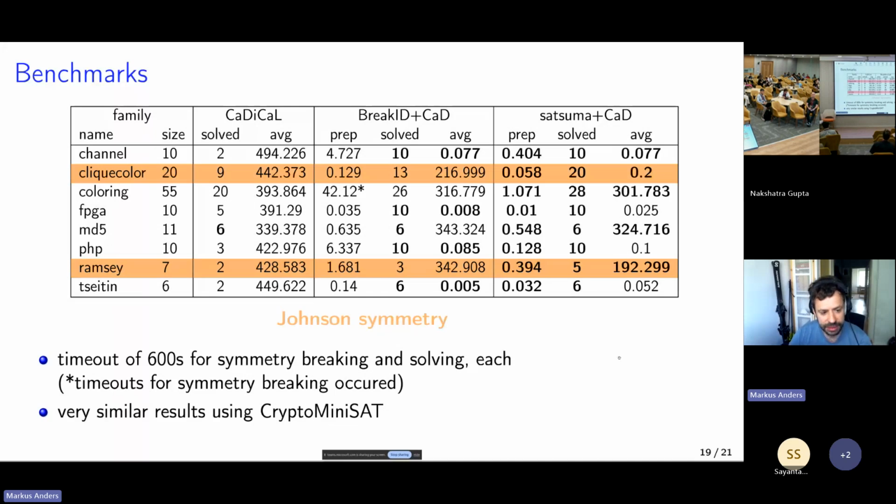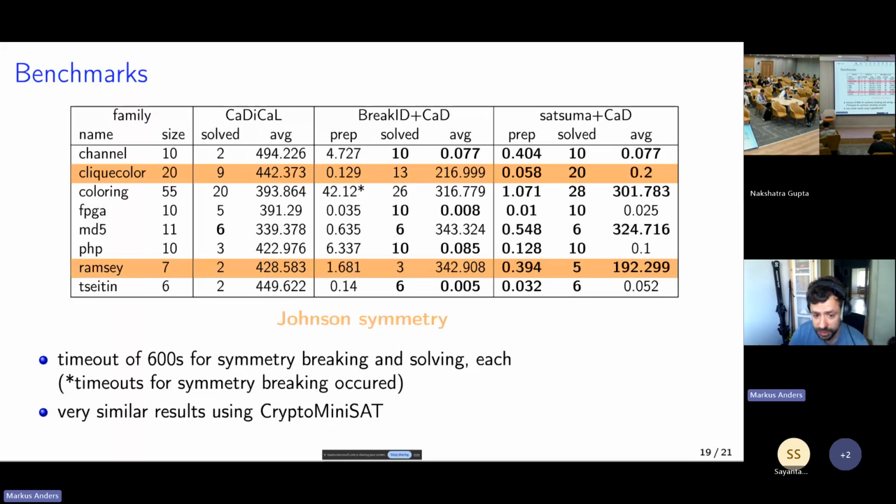These are the clique coloring instances and the Ramsey instances. In particular, for both of these, the remainder is empty. So we are not using the breakout re-implementation at all. This is just using the tailored detection of the structures. And for both of them, we can observe quite a significant speedup in the SAT performance.